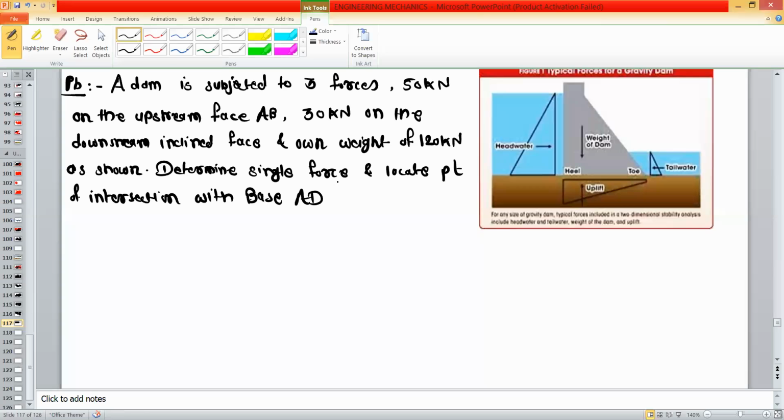So this is a coplanar force system. This is the given statement, and this is the actual figure.